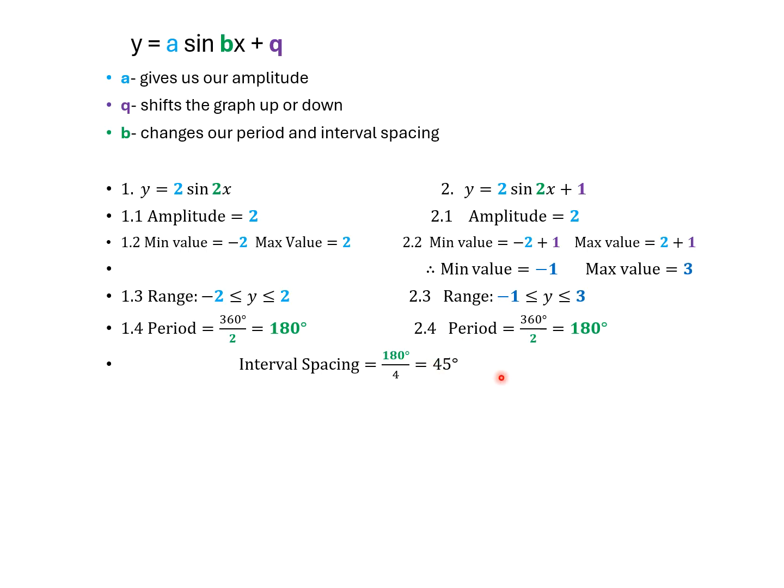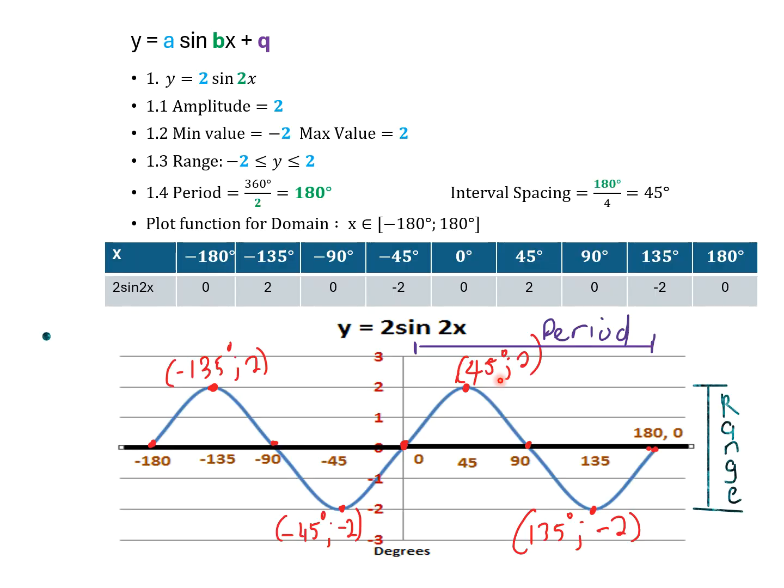Right, so now let's look at drawing this. Here y = 2 sin 2x, my amplitude equal 2, minimum minus 2, maximum 2. These are all things we found previously: the range, the period, interval spacing 45. In every exam, we will give you the domain if you have to plot.